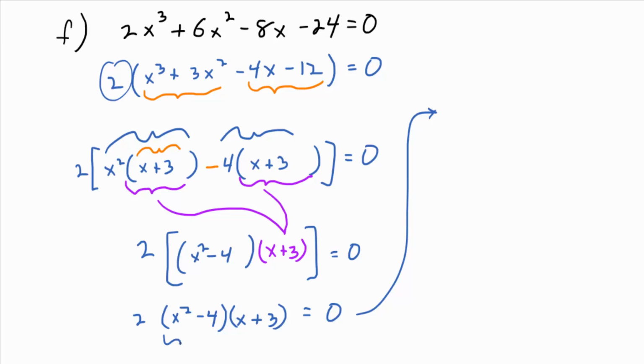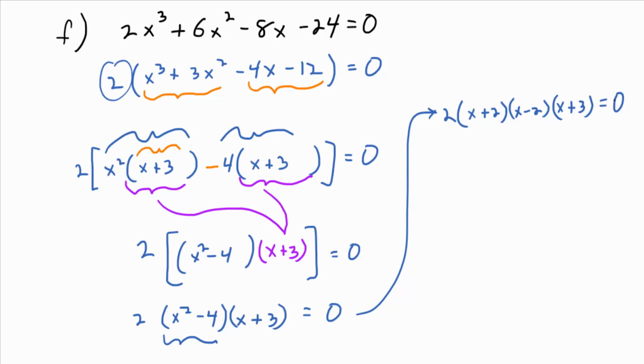So how does x squared minus 4 factor? x plus 2 times x minus 2, that's the difference of 2 perfect squares, right? And then the x plus 3 stays there, the 2 stays there. So there's the complete factorization of the left side. I want you to show me that if I give you a question like this in the test.